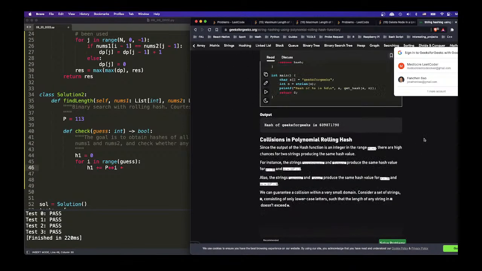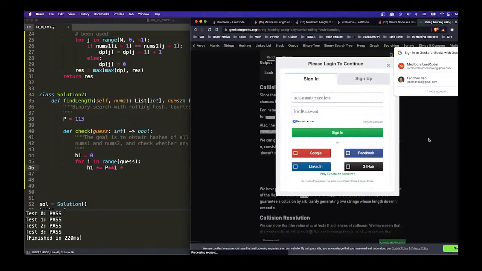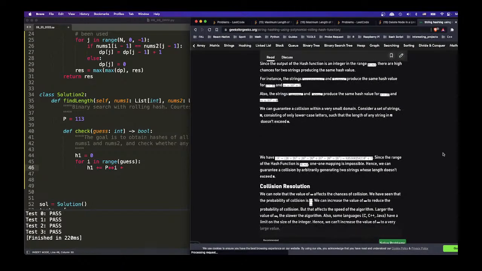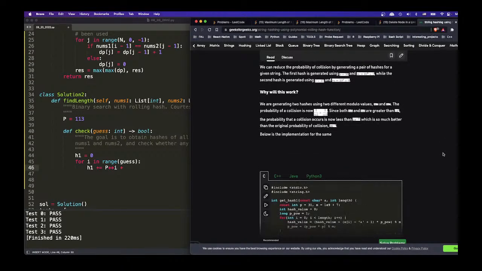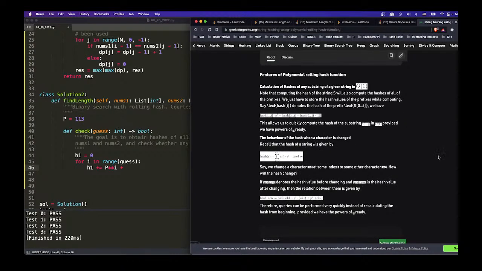How about we compute a new one? Okay, here.